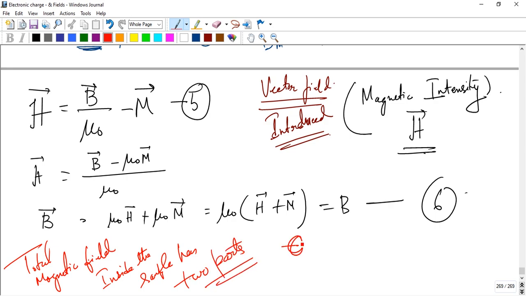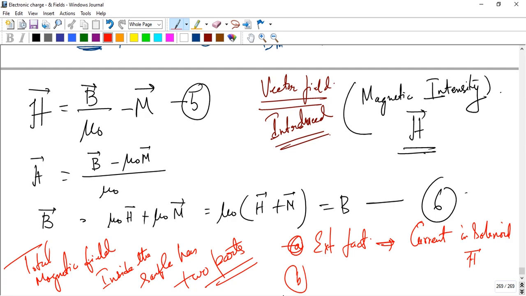The first part depends on an external factor, the current in the solenoid, which is represented by H. The other factor is the specific nature of the magnetic material.